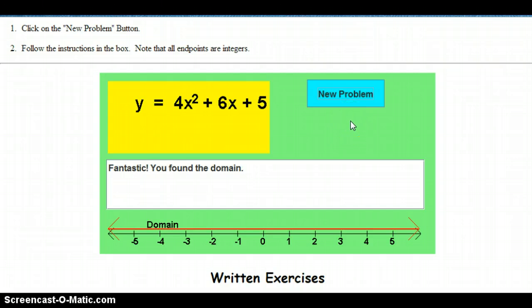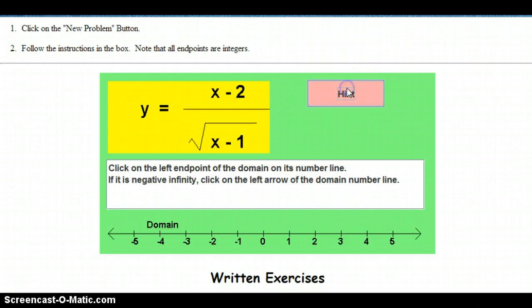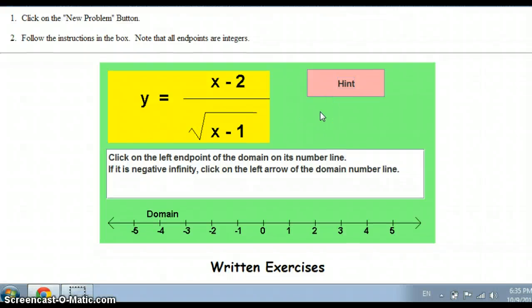Alright, let's go over maybe one more problem. So y equals x minus 2 over the square root of x minus 1. Remember that you want to make sure that your denominator is never equal to 0. So for this problem, the left endpoint would be 1.